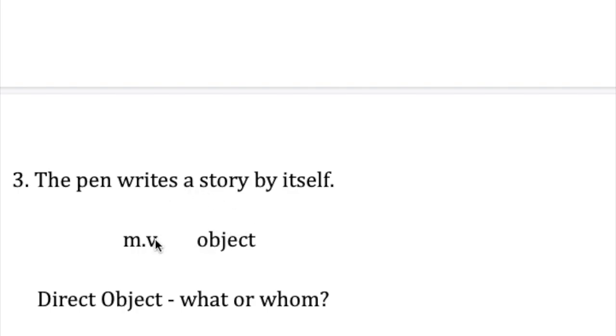To find the direct object, you have to ask questions with the main verb by putting what or whom. So writes what or writes whom. In this case, we are getting the answer for what. Writes what? The pen writes a story. So story is the direct object in this sentence. By itself, we'll remove it because it's not a complement. The only complement is story. And what sort of complement is it? Direct object. Verb complement, direct object.